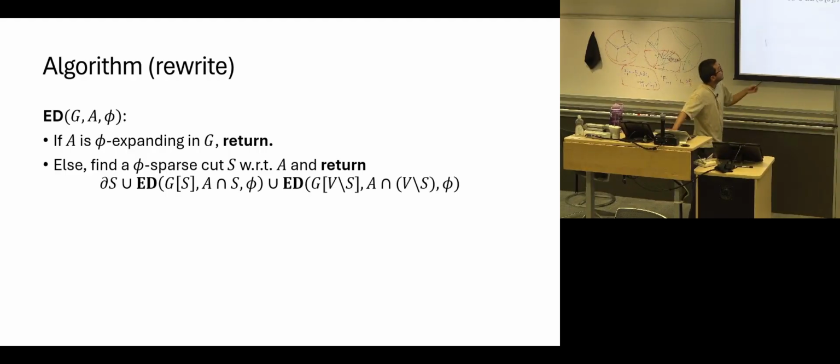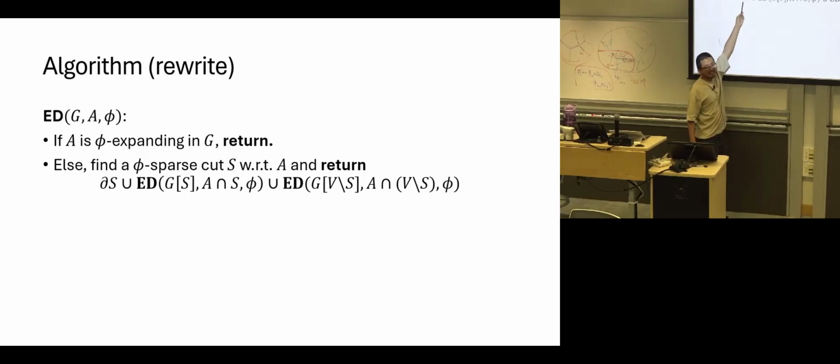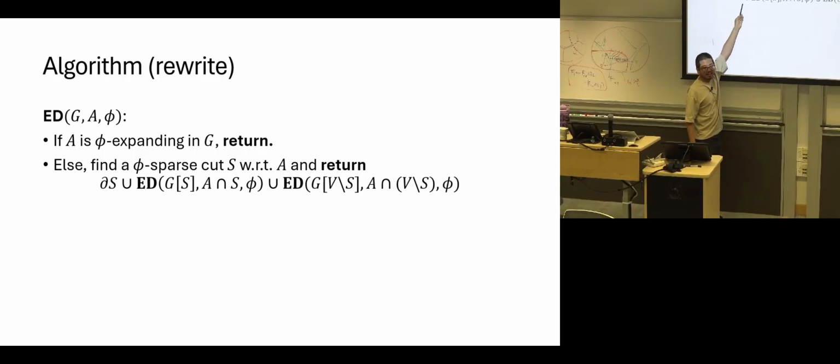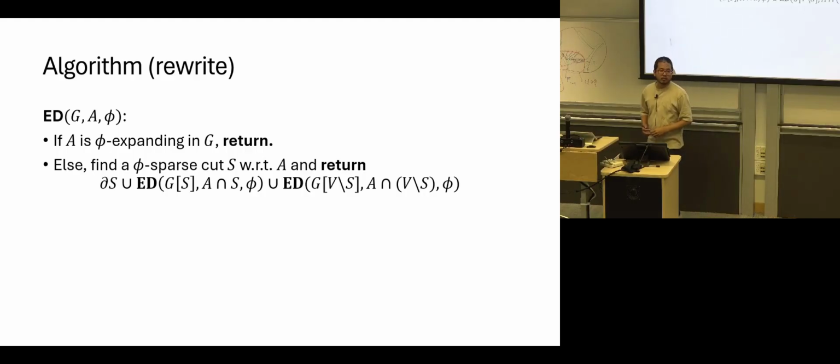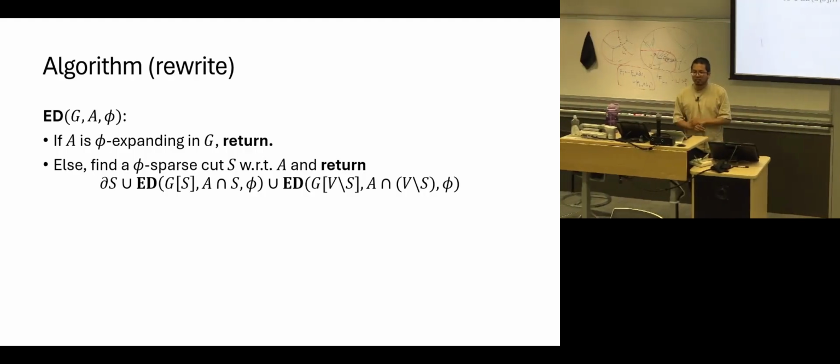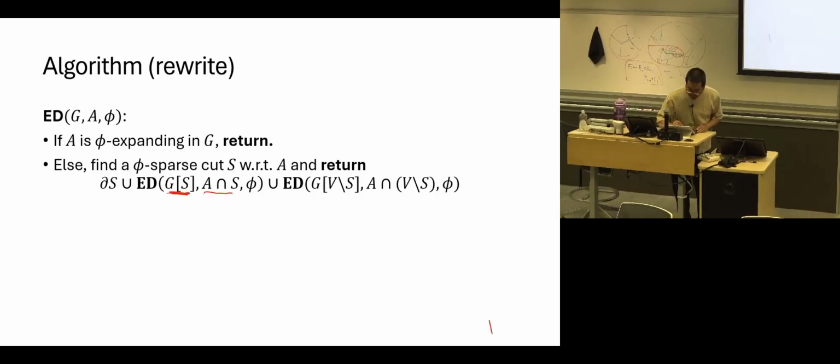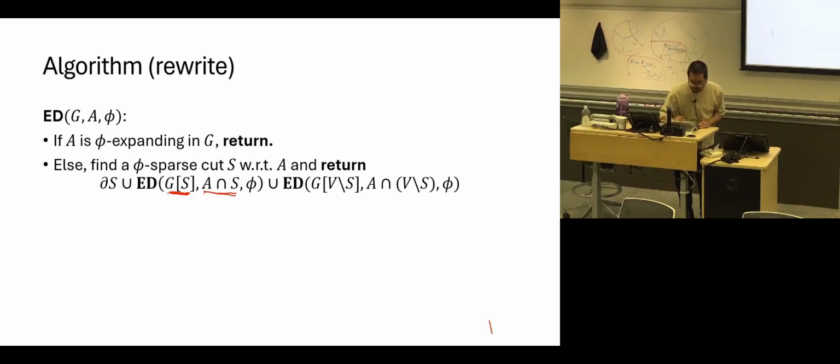Then I return this cut, the edges crossing S, and I recurse on both sides. Are you convinced that this is the same algorithm? I recurse on G induced by S with the node weighting on the intersection with S, and G induced by the complement with the node weighting on the complement. Just the same algorithm.